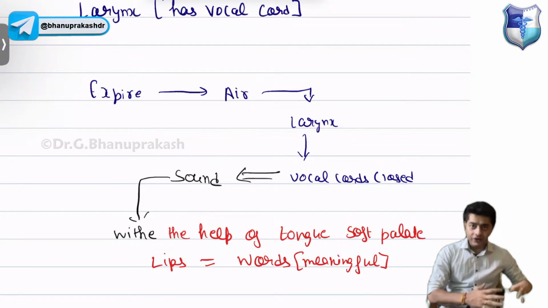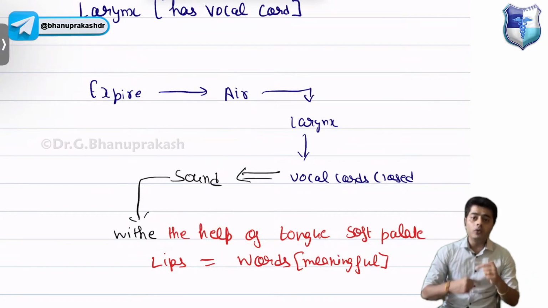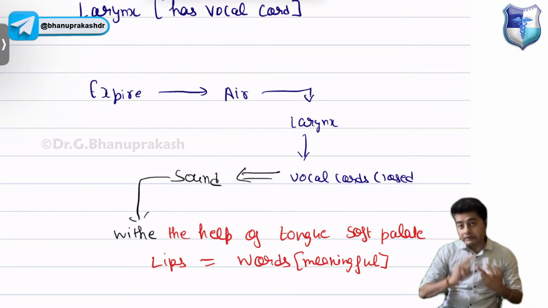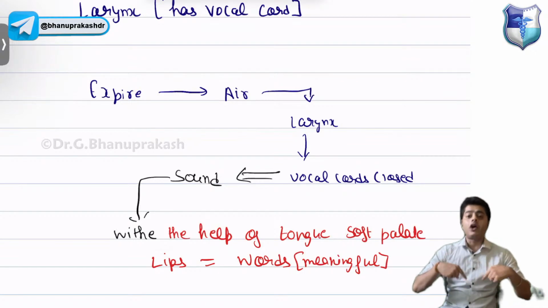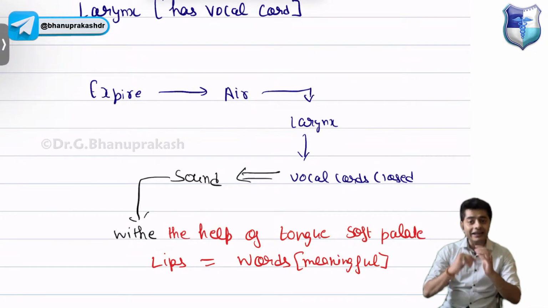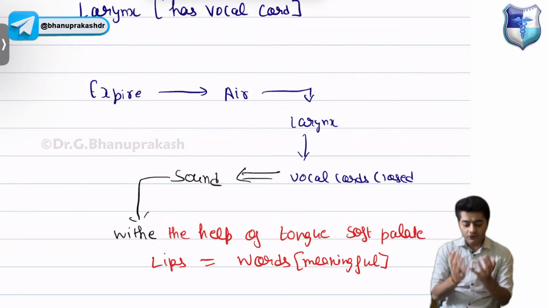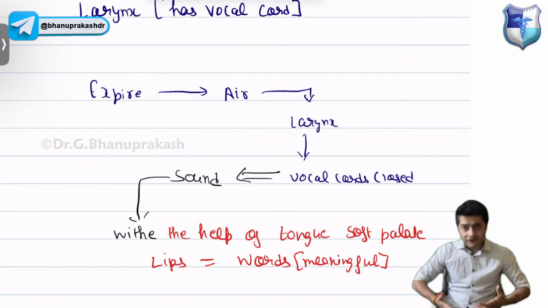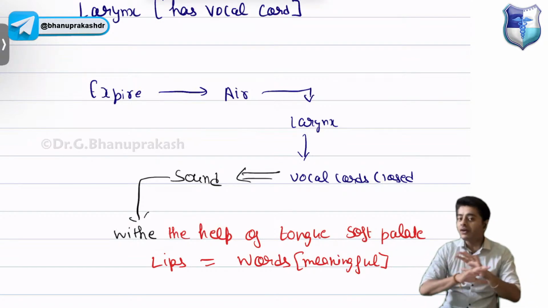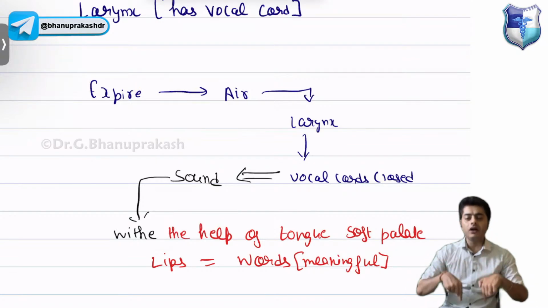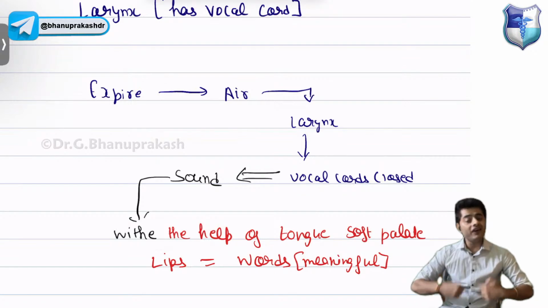But we adults know how to use our lips, our tongue and soft palate to manipulate the sound we are producing such that it gets converted into words. Okay, so how are we able to produce words? First, there is a production of sound when we expire, because when you are inspiring air, you can't speak. You speak when you expire.